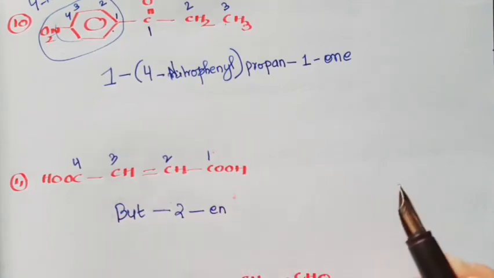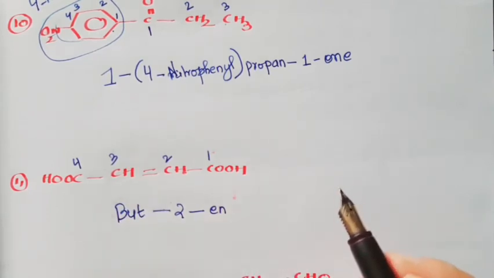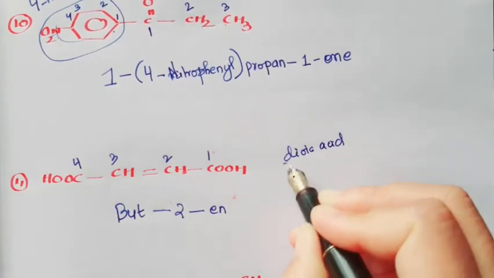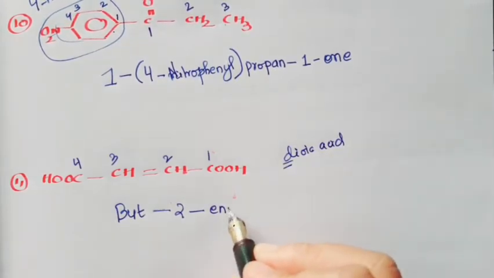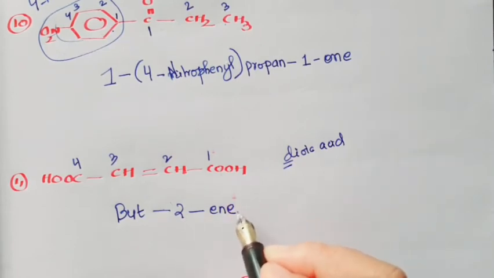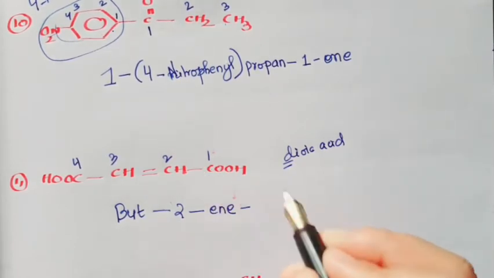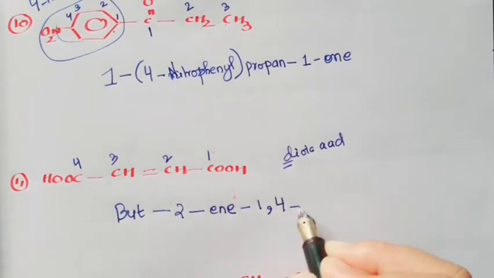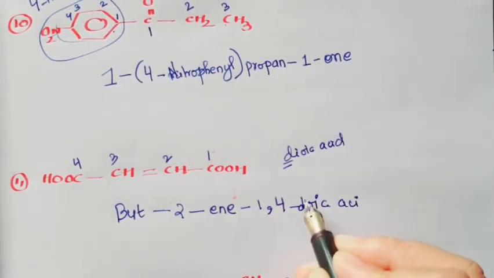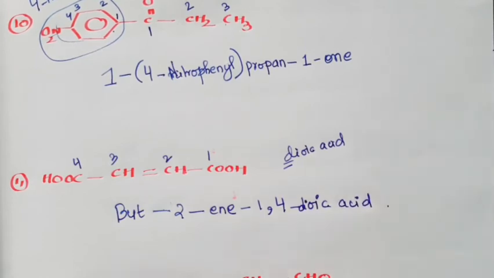Two COOH groups make dioic acid. Now D is a consonant, so E will be retained, we have to write E. Then the positions: 1 and 4, dioic acid. So the name of this compound is but-2-ene-1,4-dioic acid.